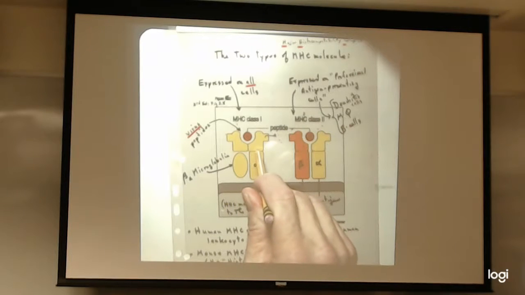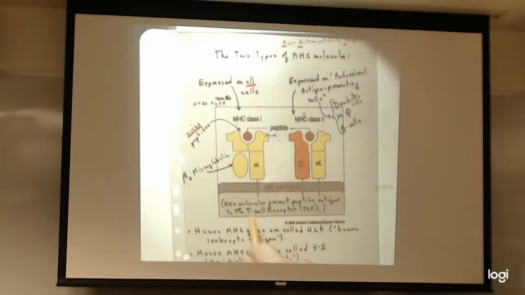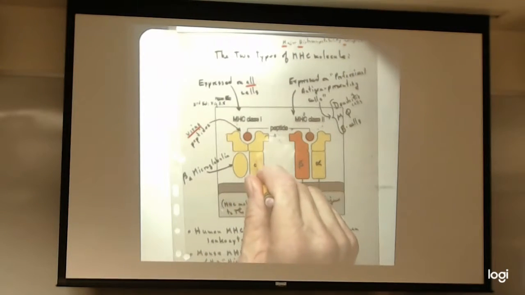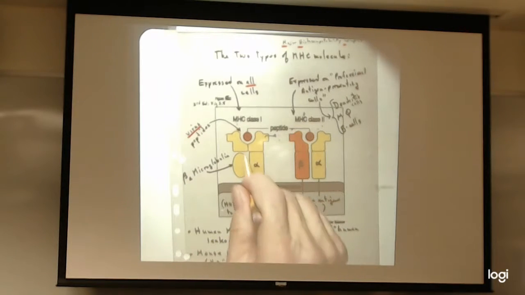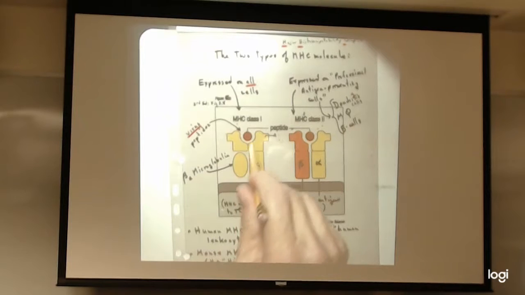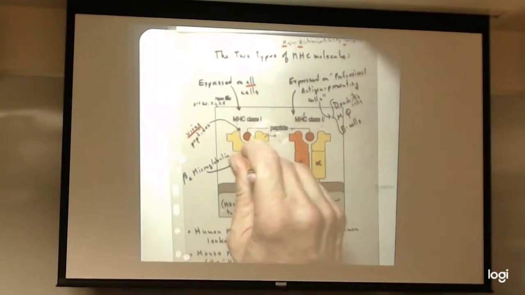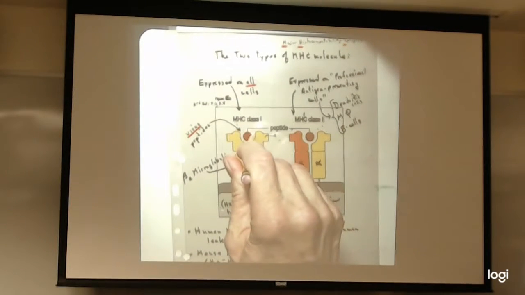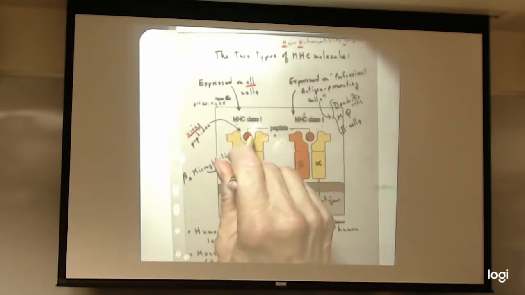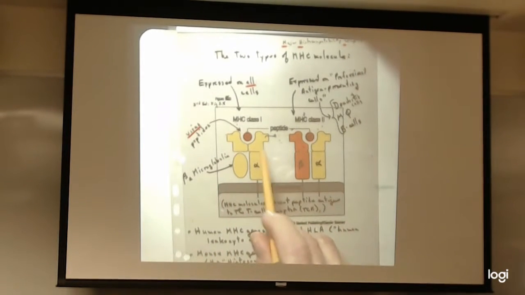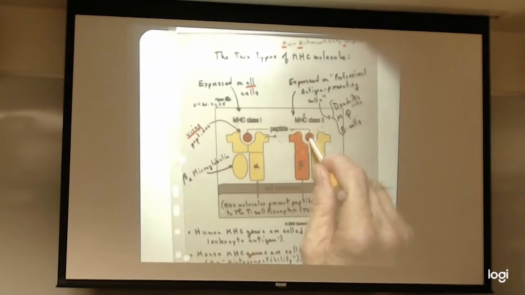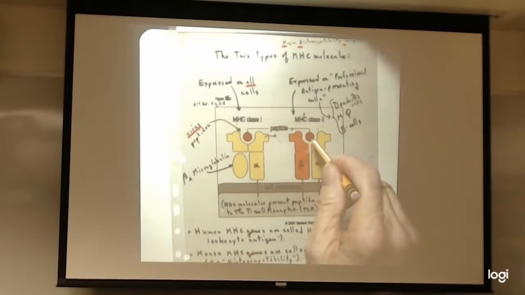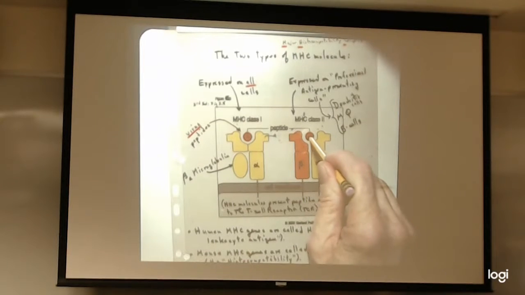Now the reason that all cells make and express class 1 molecules is because the main job of class 1 molecules is to present foreign peptides derived from virus infections. And class 2 molecules mainly present peptides made from, typically, bacteria.